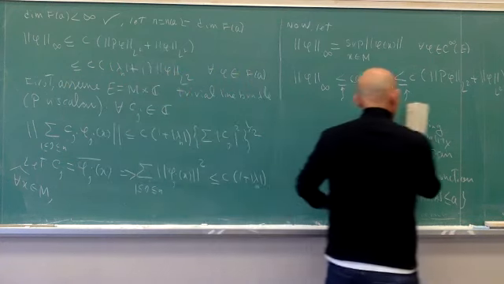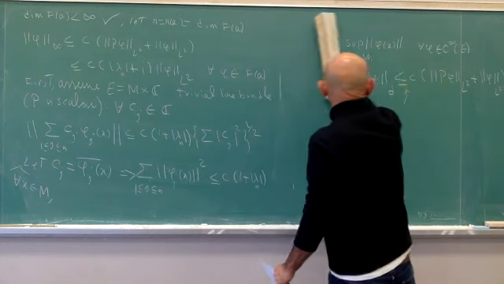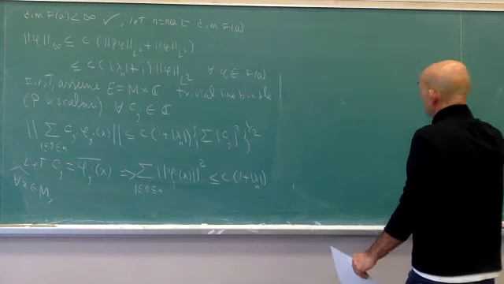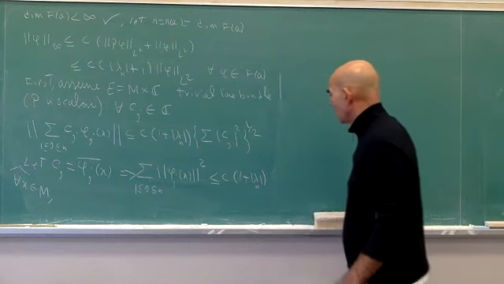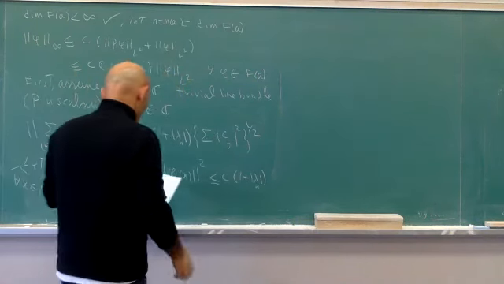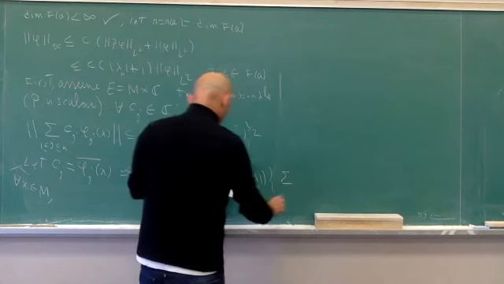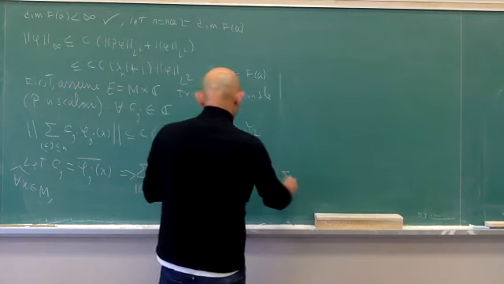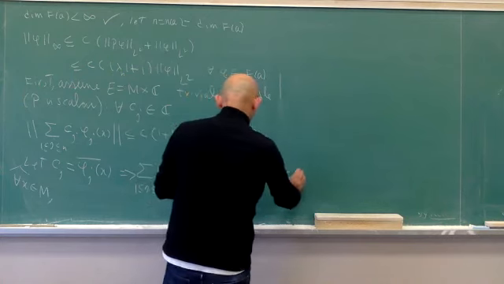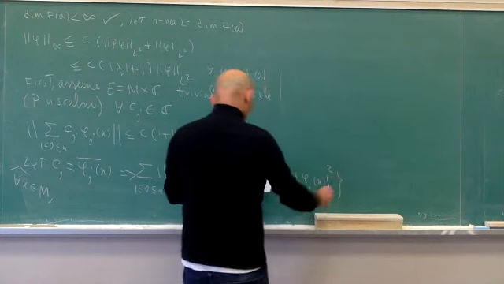Maybe I just continue here. Times the sum of absolute value of phi j x squared, j from 1 to n, and then 1/2.